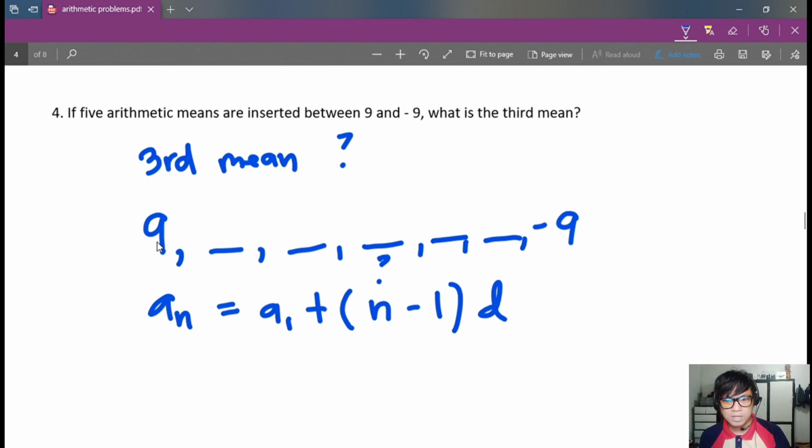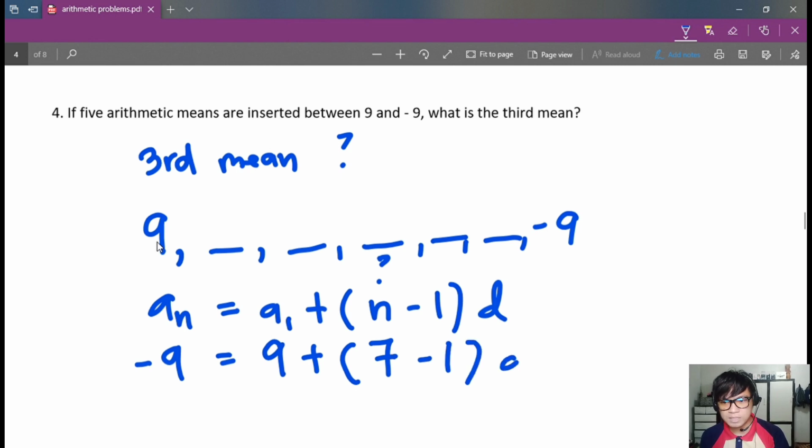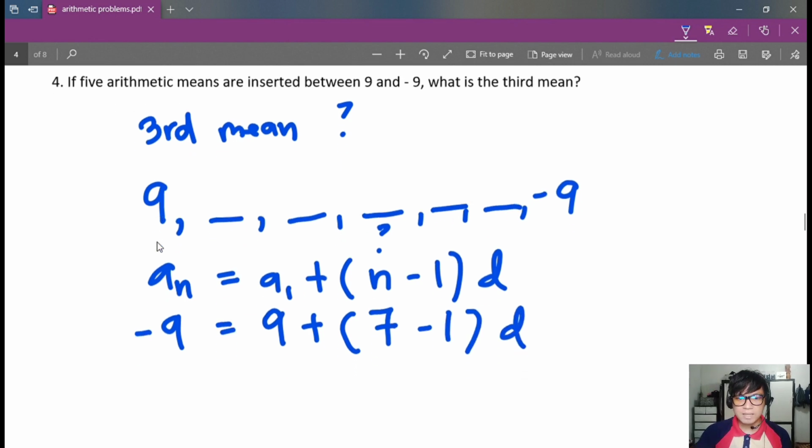Itong D. So, ang last term natin is negative 9 is equal to the first term plus, ang N natin is, kasali yung numbers 9 and negative 9. So, 1, 2, 3, 4, 5, 6, 7. So, there are 7 terms. 7 minus 1 times D.